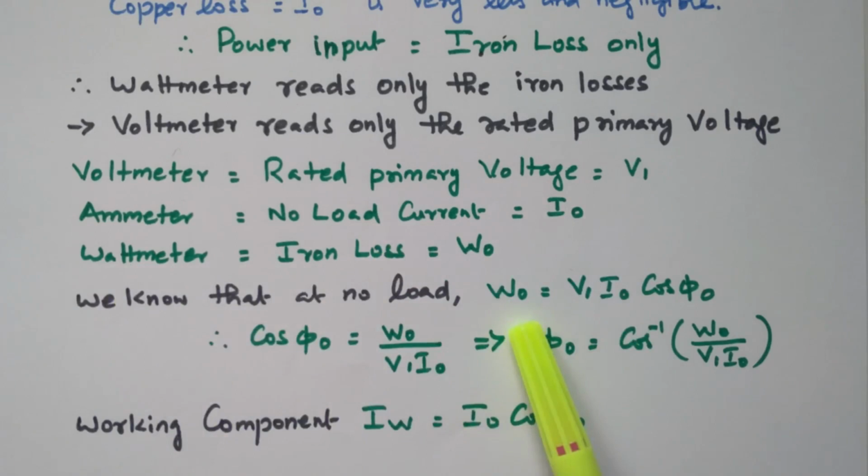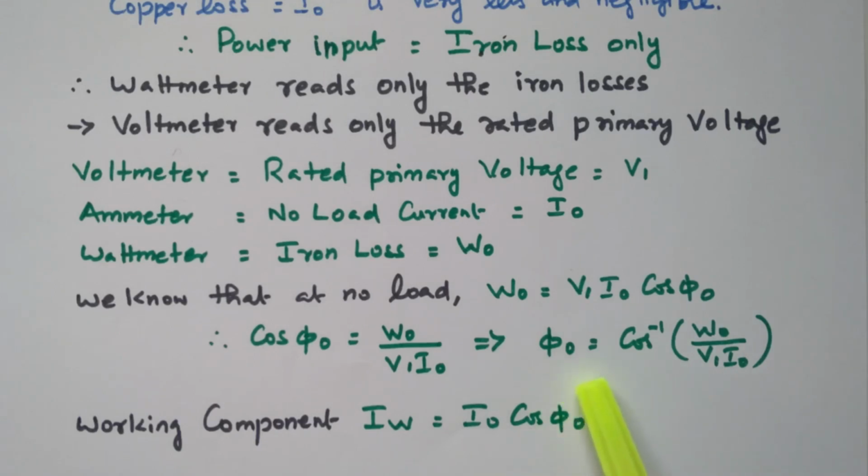So W naught can be given as V1 I naught cos phi naught, where phi naught is the angle between V1 and I naught. So cos phi naught equals W naught divided by V1 I naught. The phase angle between V1 and I naught can be calculated as phi naught equals cos inverse of W naught divided by V1 I naught.